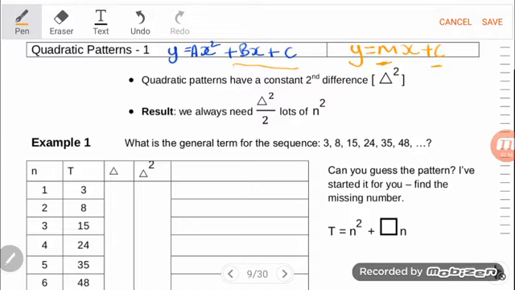Well, in this situation, the b will not necessarily be the gradient of a quadratic equation, but that is a linear component of this equation.